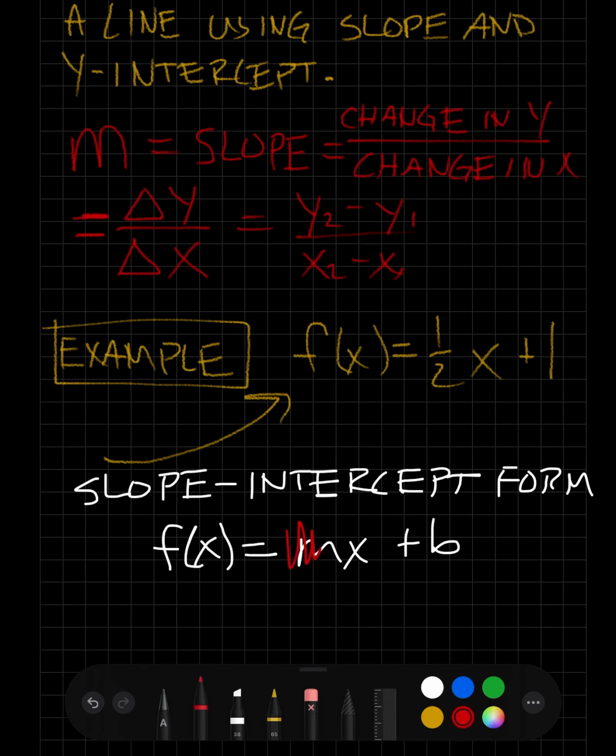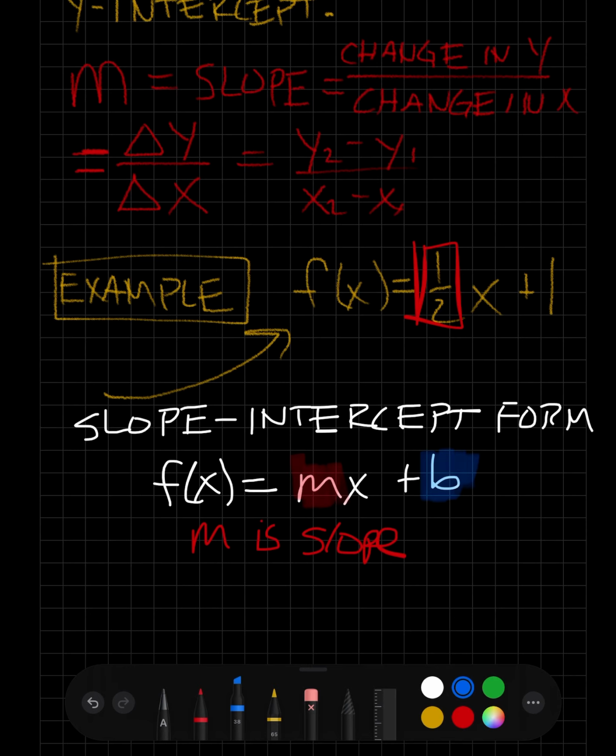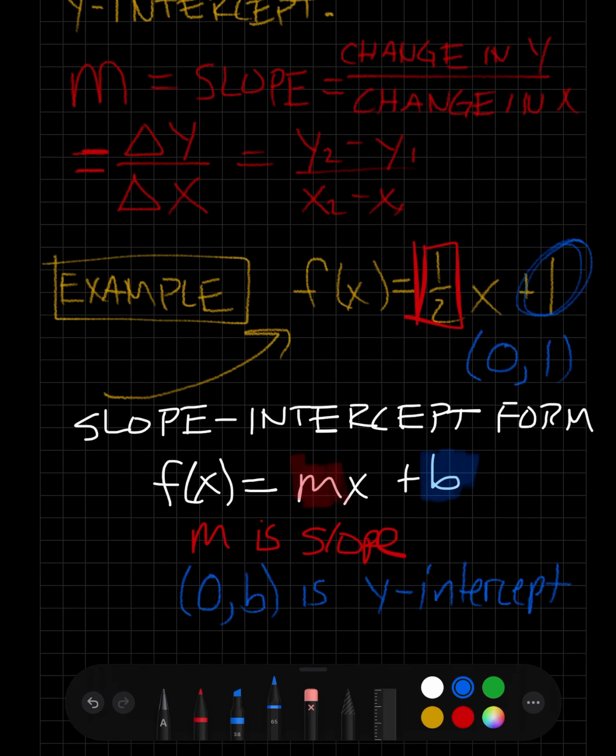So here, m is your slope. So in our example, the slope will be 1/2. And b here, our y-intercept is (0, b). So that means that the y-intercept of our line here will be (0, 1).